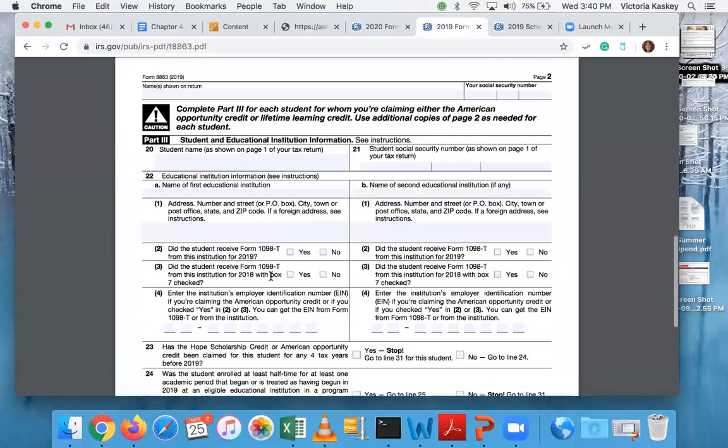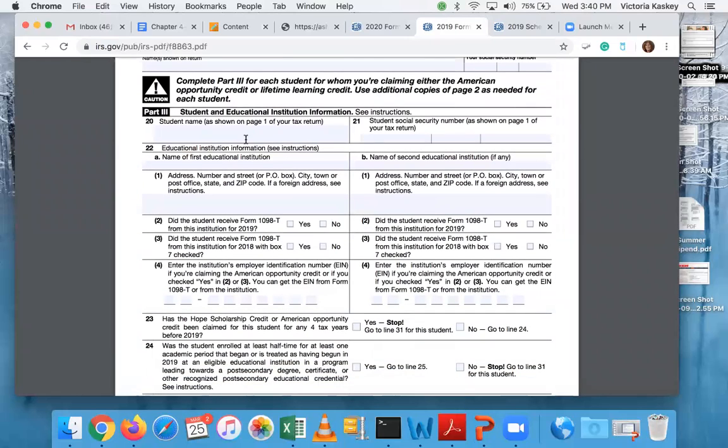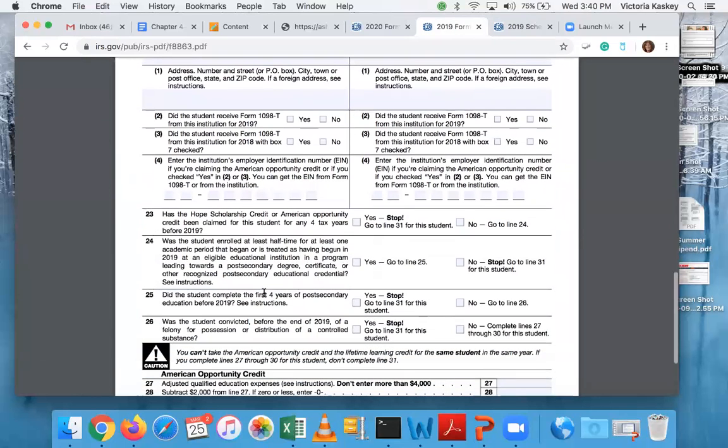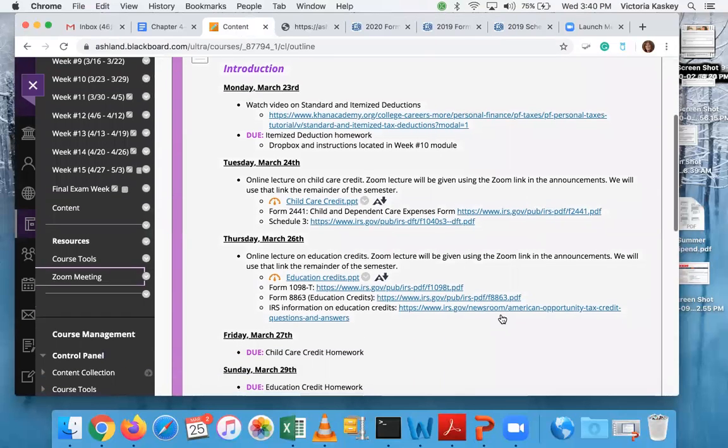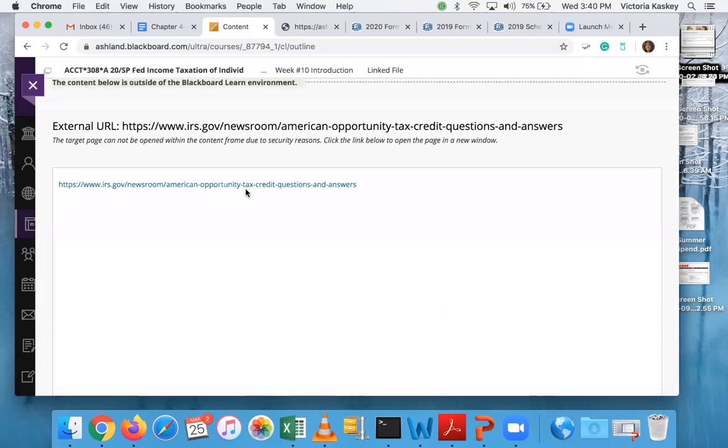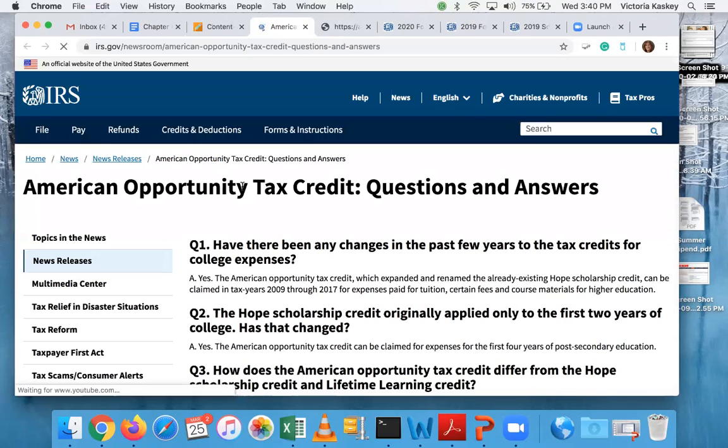Down here on the next page, you're going to be filling out the student name and the educational institution's employer identification number. Anytime on this form that you see the Hope Scholarship Credit, I'm going to have you read up a little bit about it. I don't expect you to understand what the Hope Scholarship Credit is, but if you go into this tab here, there's some additional information on that presented by the IRS.